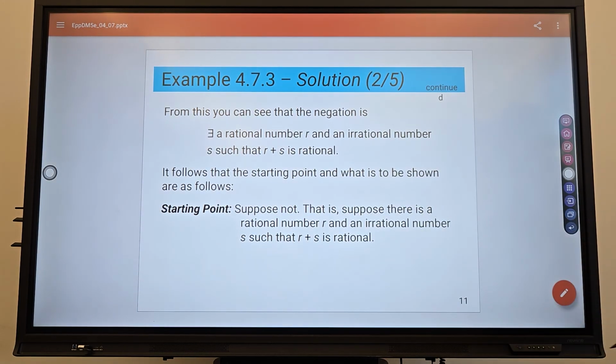From this, you can see that the negation is, there exists a rational number R and an irrational number S such that R plus S is rational. It follows that the starting point and what is to be shown are as follows. Suppose there is a rational number R and an irrational number S such that R plus S is rational.